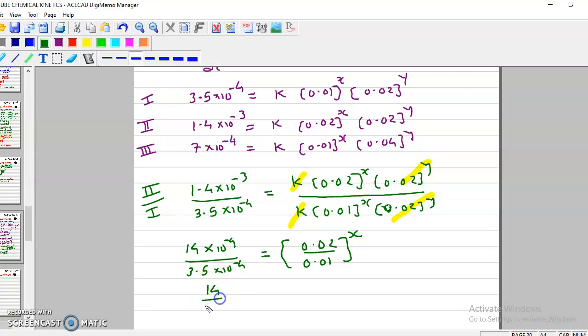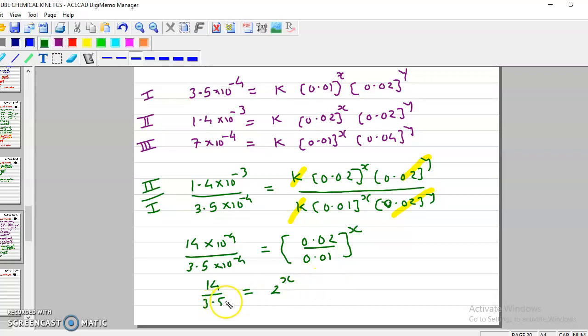So 4 is equal to 2 raised to X, and 4 is equal to 2 raised to 2. So 2 raised to X is equal to 2 raised to 2, and therefore we can say that X is equal to 2. That means it is a second order reaction with respect to NO.